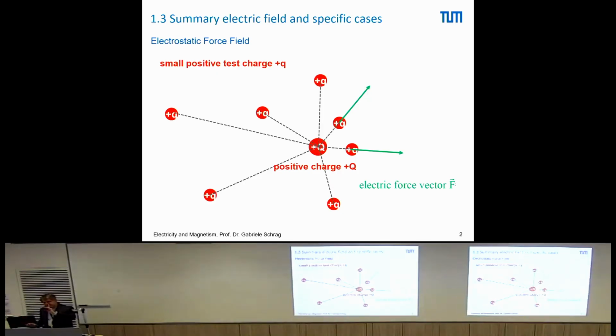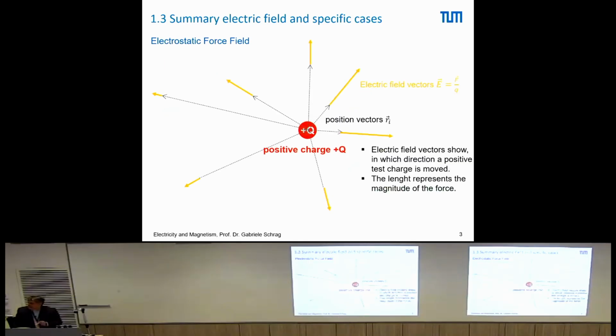And when we move this test charge, we always go about that the test charge is not dominating the field. You see you have a force vector that is pointing in a radial direction from where the major charge is, and it is decaying in its magnitude as we move the test charge further away. Then the idea was, okay, we say there's an electric field.